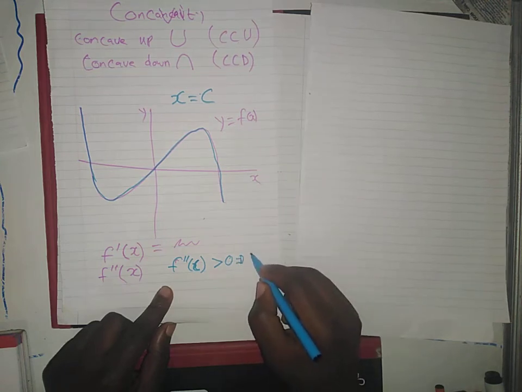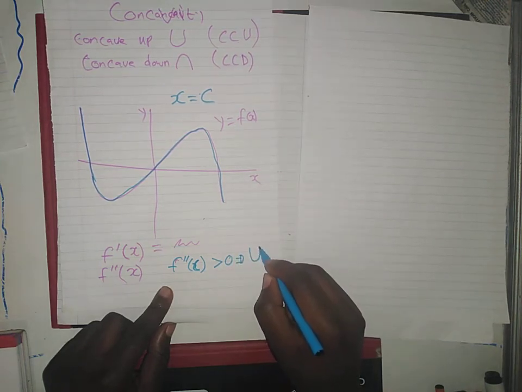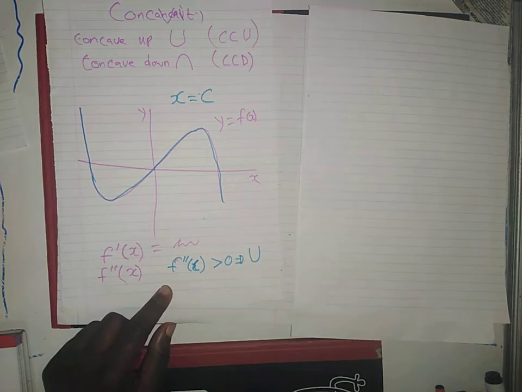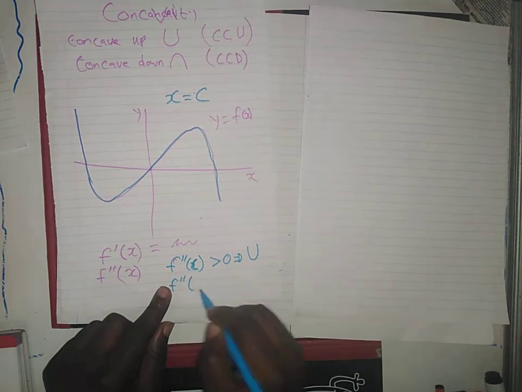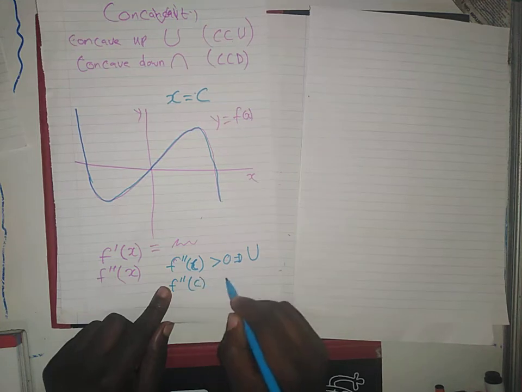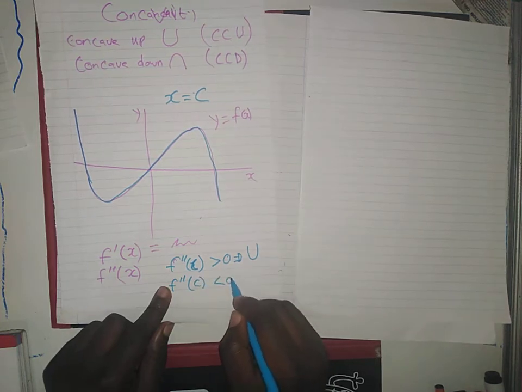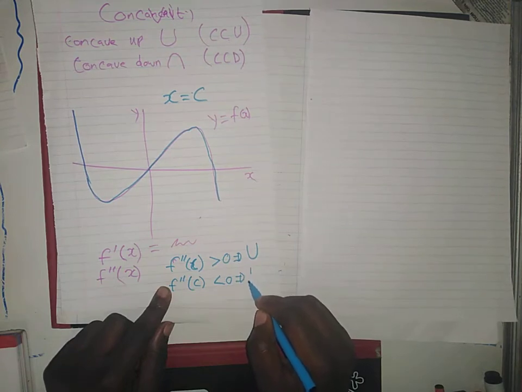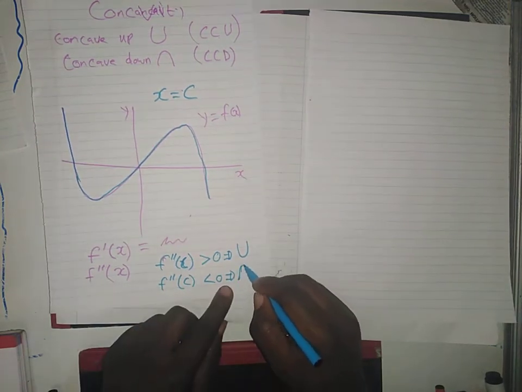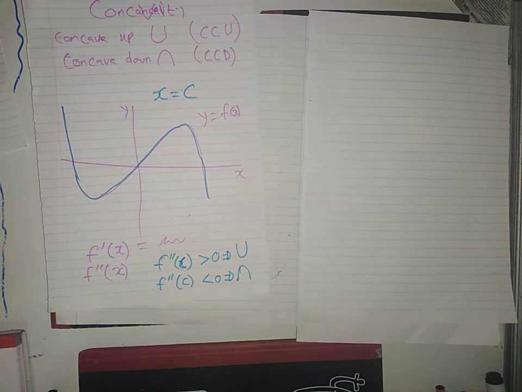That means that you've got concave up. Can you see that? And then if f prime prime at c is less than 0, so what do we have? You have concave down. Okay, does that make sense?